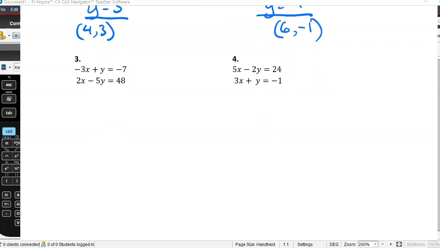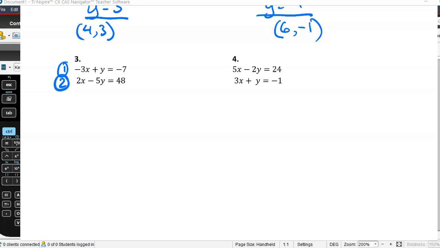So this one, a bit more complicated. Negative 3x plus y equals negative 7, and 2x minus 5y equals 48. Okay, so none of the coefficients are the same. That means I'm going to have to do a bit of manipulation here.